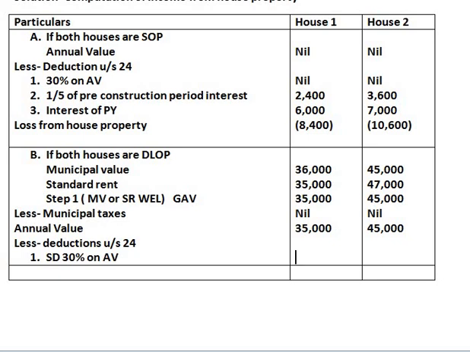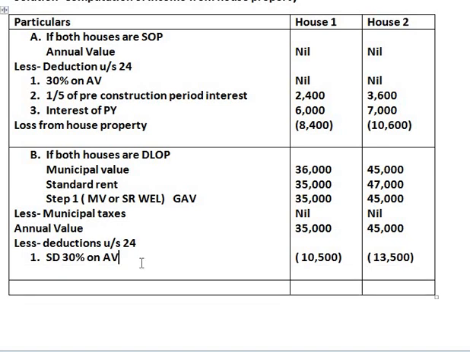The annual value is now 35,000. On 35,000 you get 30% as 10,500. You have to minus it, so we will show it in the bracket, 10,500. And on 45,000 you have to calculate 30%, which comes to 13,500.